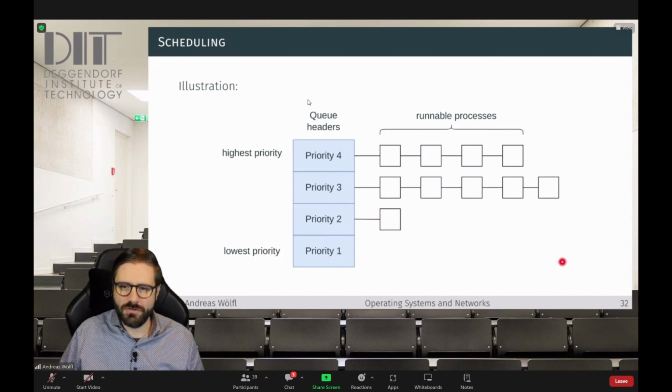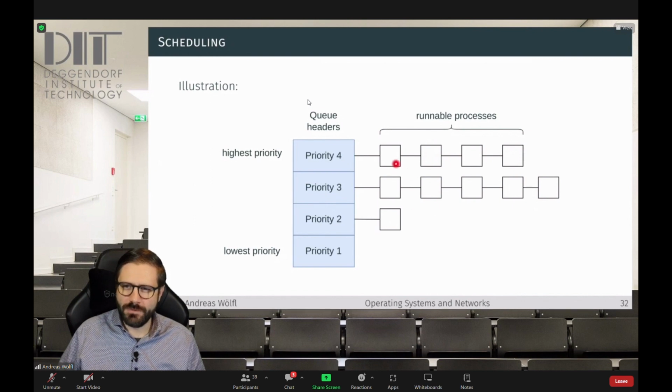So here you have an illustration of this. Here we have 4 priority levels, 1, 2, 3, 4, where 4 is the highest priority and 1 is the lowest priority. You see the list of runnable processes on the right-hand side. We have 4 processes in the highest priority, 5 processes in priority 3, and this poor boy here in priority 2, where we have 1 process.